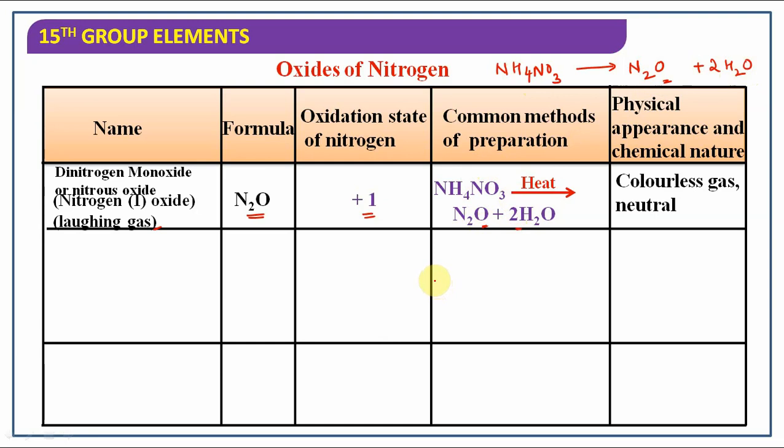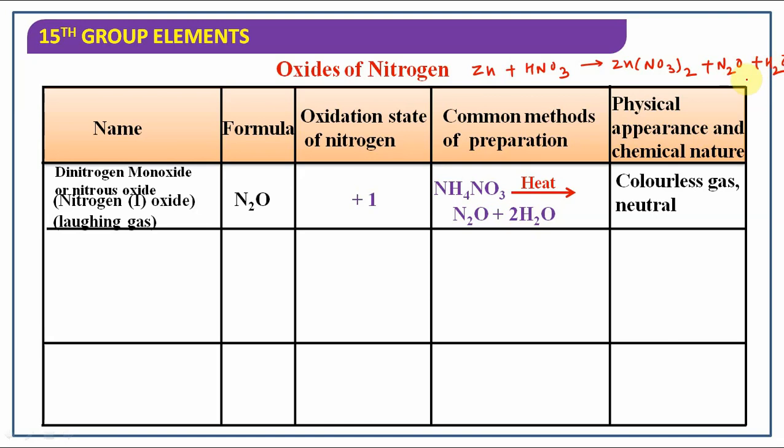Similarly, we had discussed a few reactions in the last lecture, that is properties of nitric acid. When zinc reacts with nitric acid, it also gives you N2O. That is zinc plus cold dilute HNO3 will give you zinc nitrate, Zn(NO3)2, plus N2O plus H2O.